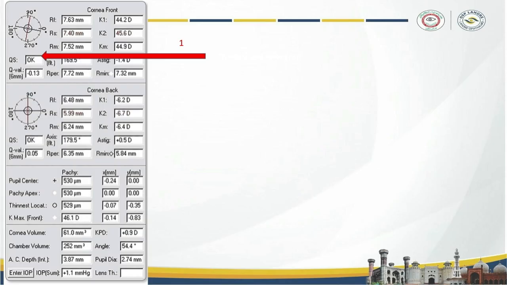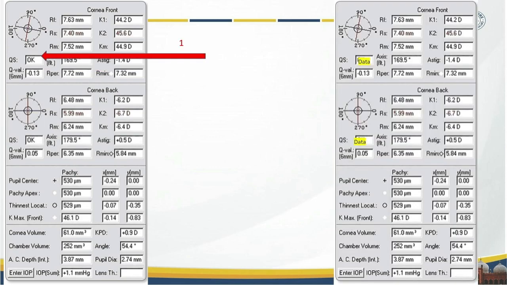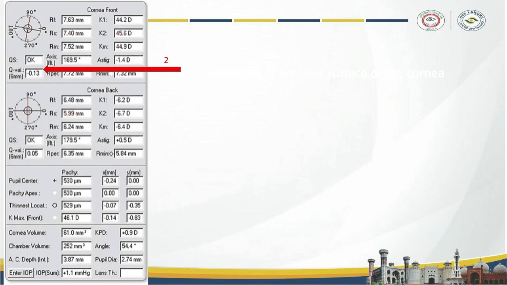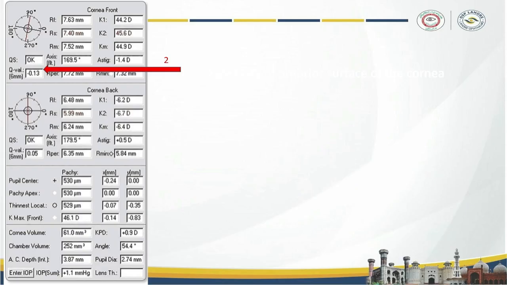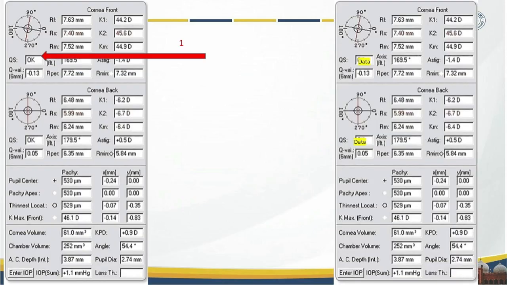So first of all, we see the quality of the scan like we do in OCT, OCT RNFL and OCT macula. If the quality is faulty, then we might have to do the scan again. So in this slide, you see, this is the quality of the scan. Data means that there is some misinterpretation or the data has not been properly documented, so the person doing the scan might have to do it again.